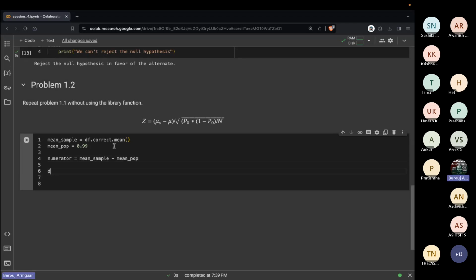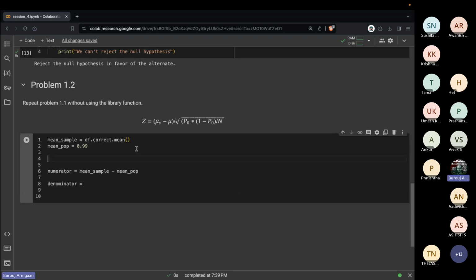For the denominator, we'll use the probability p0, which in this case is the same as the mean of the sample, or actually it will be 95%. So let's also write that. Proba0 is df.correct.mean.